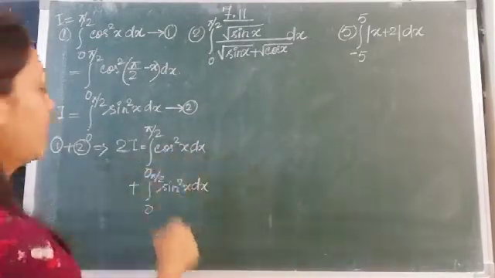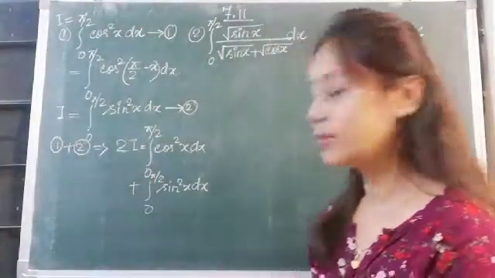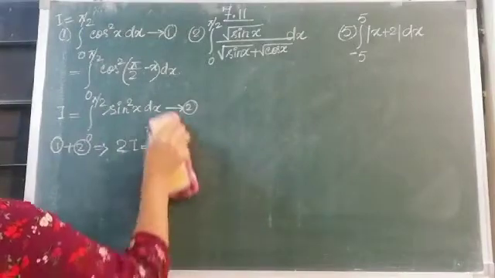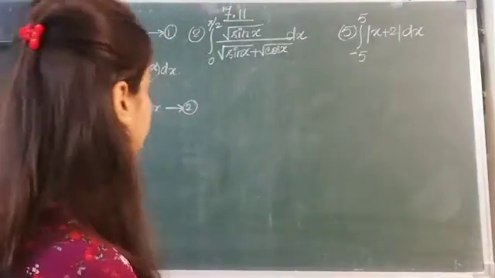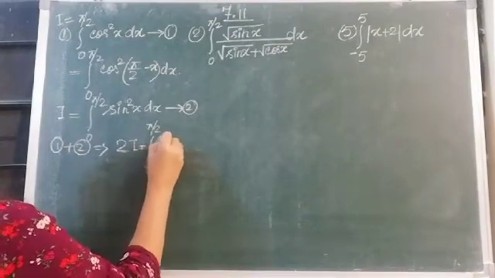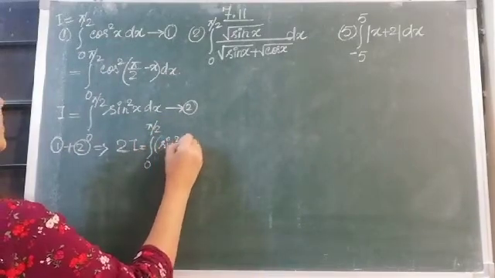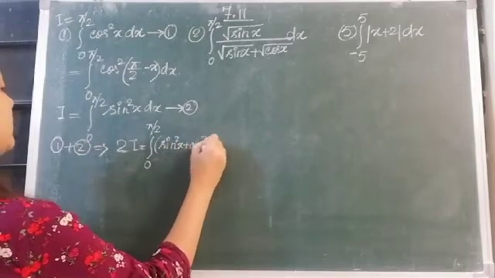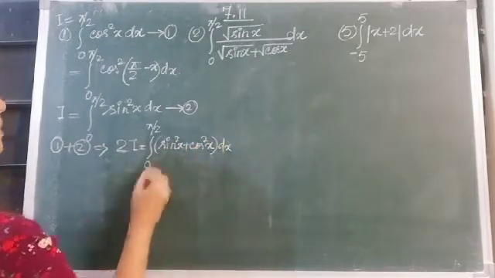Now you can combine this and write it as the integral from 0 to pi by 2 of sin square x plus cos square x, which is equal to how much? We know that it is equal to 1.